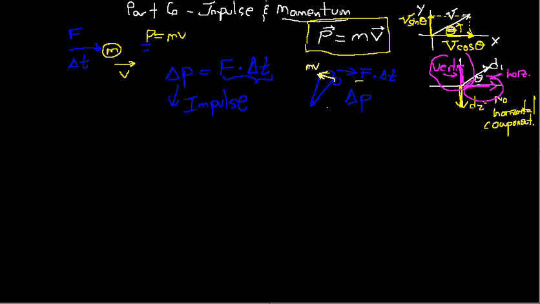After the force is applied for a certain time period, the ball is now on its way this way. Assuming that the bat is swinging this way, it's going to hit the ball. Force is going to be applied to the ball, and now it's moving with a new velocity in this direction. So here the momentum is going to the left. Here the momentum is going to the right. You clearly see that there was a change in the ball's momentum. That change resulted from a force acting over a time interval.